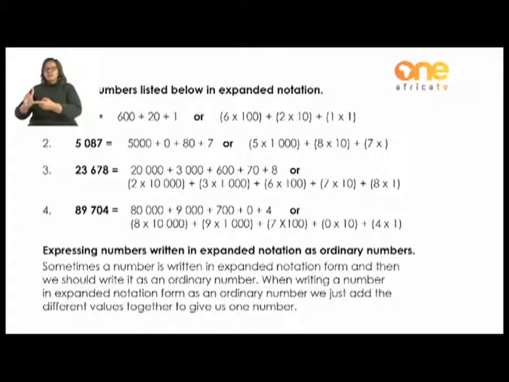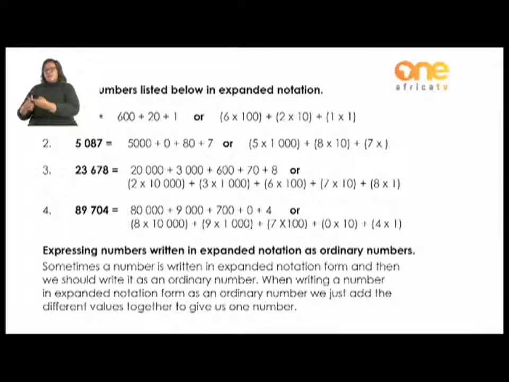And if we use the multiplication part, then we say 8 times 10,000, which is equal to 80,000 plus 9 times 1,000, which is equal to 9,000 plus 7 times 100, which is equal to 700 plus 0 times 10, which is equal to 0, and 4 times 1, which is equal to 4.